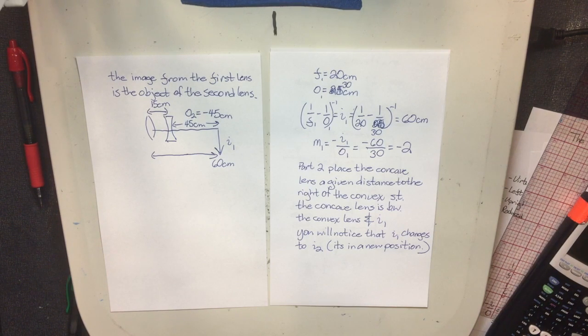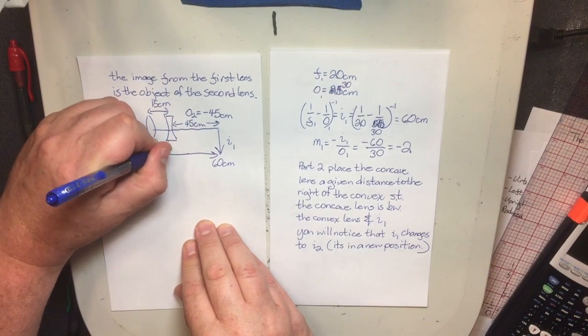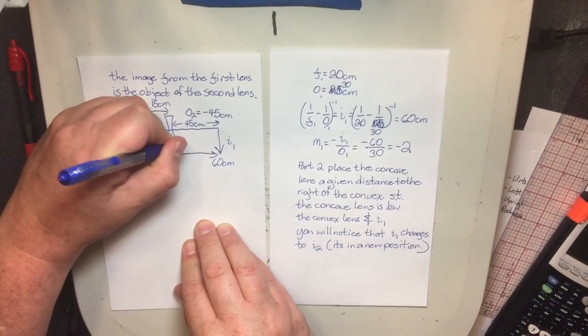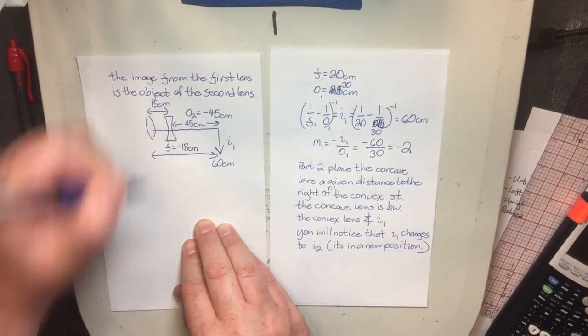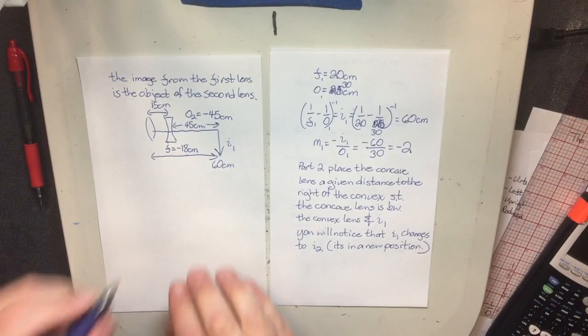It just doesn't make sense. You can have an object behind the lens. There's nothing preventing that. So we treat the image from the first lens as the object for the second, and then we rerun the numbers. Let's say, for instance, that the focal length is negative 18 centimeters on that concave lens.